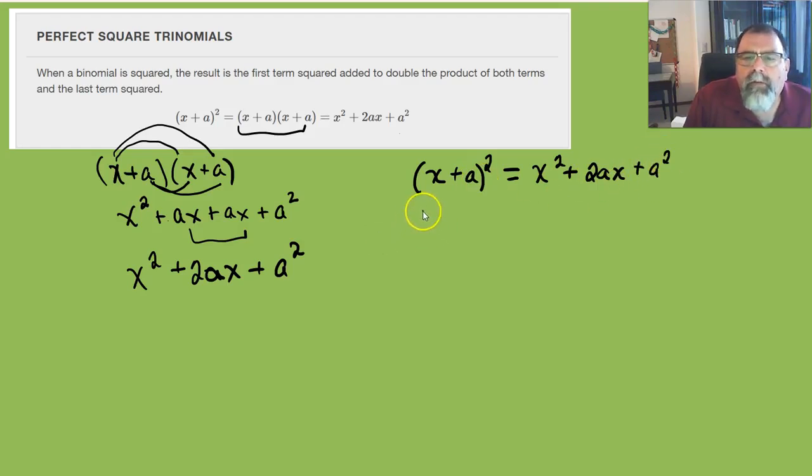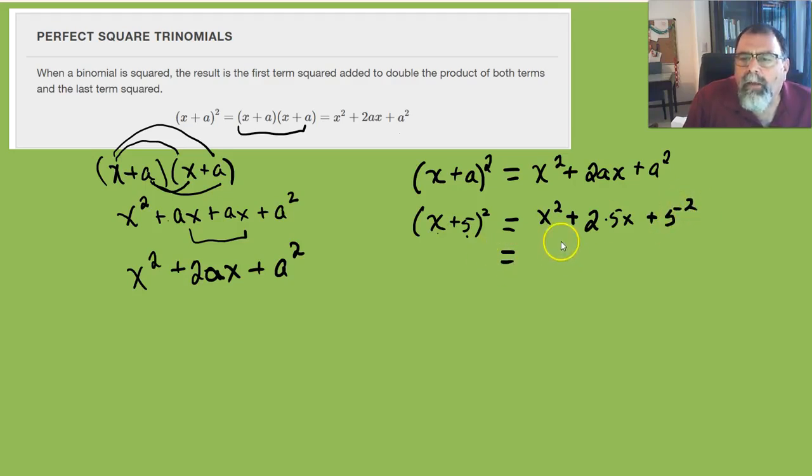Okay, so if I want to do something like x plus 5 squared, it'd be x squared plus 2 times x times 5, which is, normally I would just write 10x, and then 5 squared.